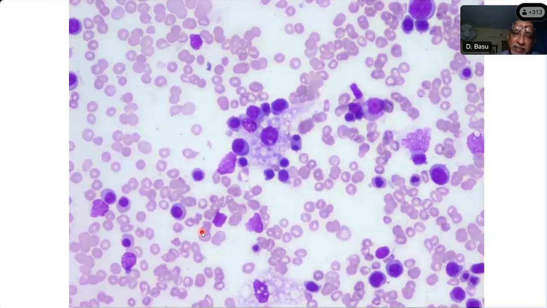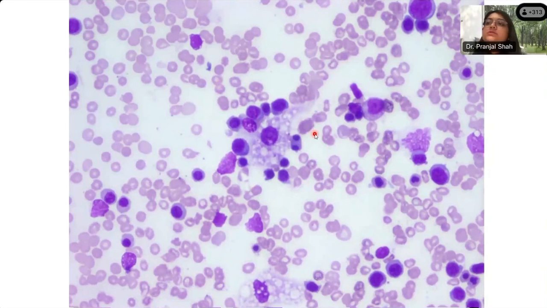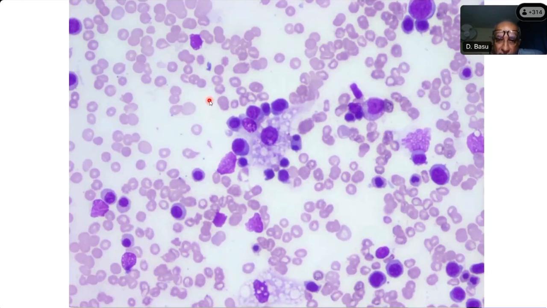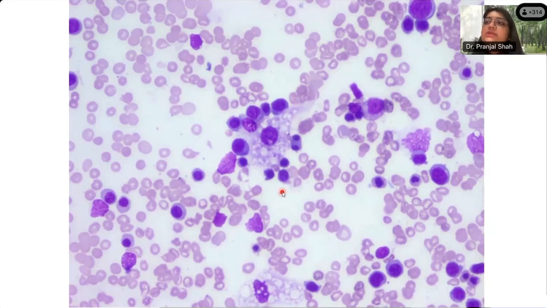Now this slide, I think I sent it to you. What does this show? Here again we can see in the center there is a vacuolated macrophage, a foamy macrophage, along with intermediate and late erythroid series.